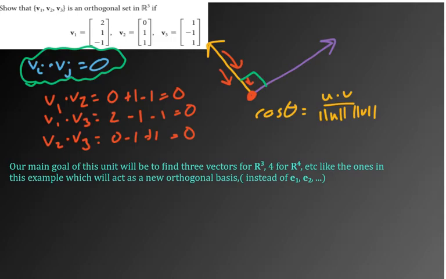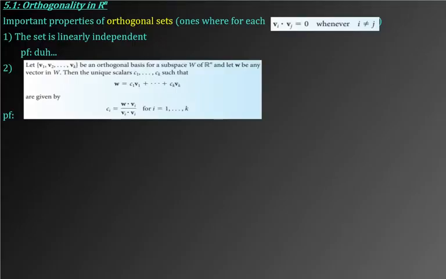Finding an orthogonal set for R7 can be really hard, but it turns out there's a very algorithmic way we can do this if we know a little bit of linear algebra.